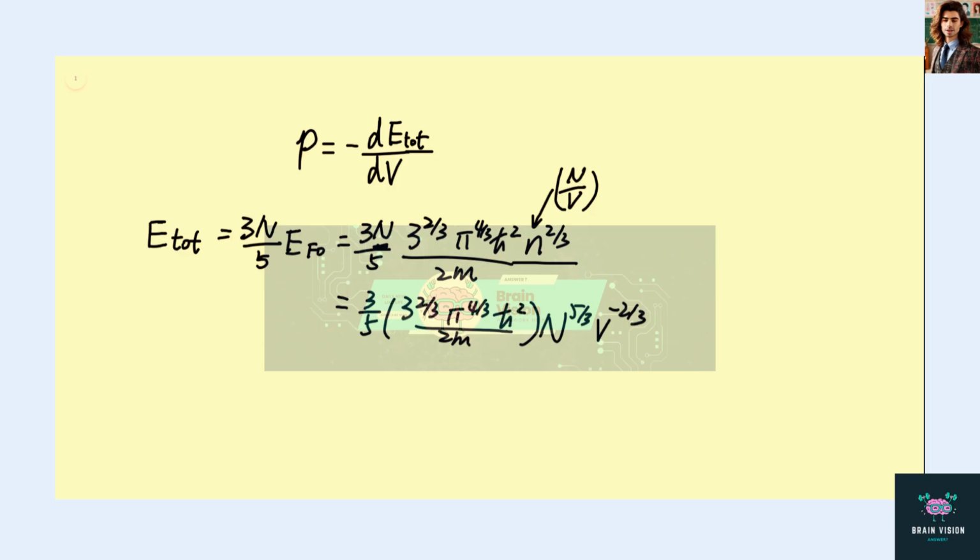And then we can find the pressure by taking the derivative of this, negative dE total over dV. I'll just write E total. All of this will not change, it will remain the same.